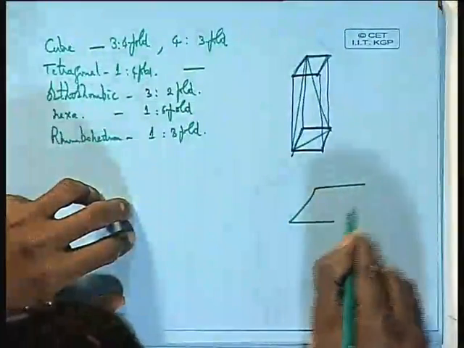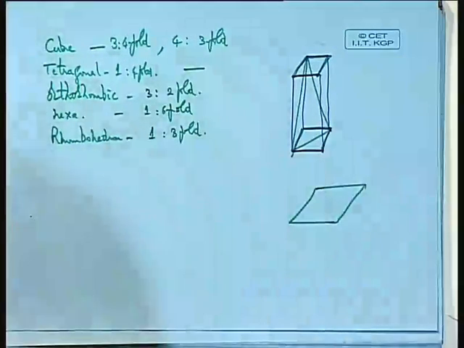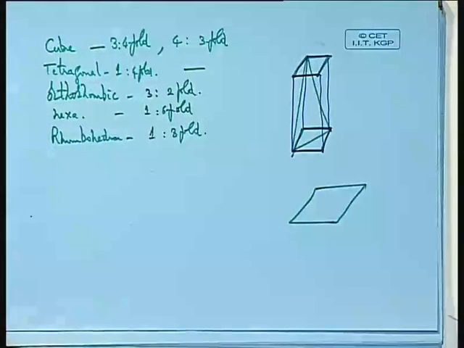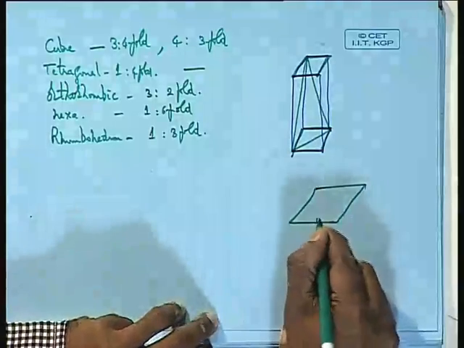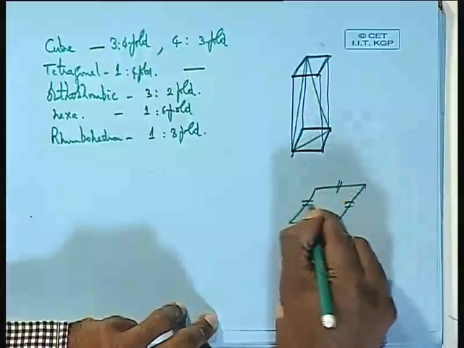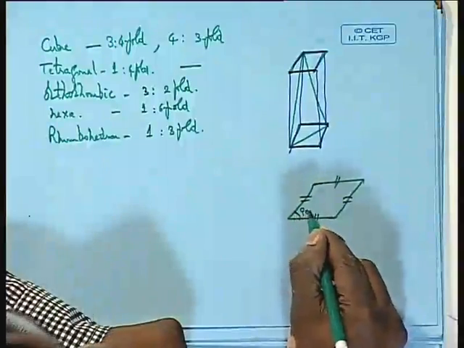Okay, see, a square has a four-fold symmetry, but if I take a plane like this, it has four sides, all of them equal. This is equal to this, equal to this, equal to this, but this will not have a four-fold symmetry. Yes or no? It will not have a four-fold symmetry because the angles are not 90 degrees.